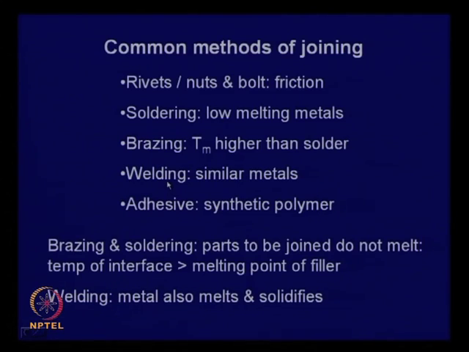In welding, the melting point of the filler metal is close to that of the part being welded, and in fact, a small portion of the parts which are joined also melts to provide better bonding. Another extreme way of bonding is adhesive. Here one uses synthetic polymer, but primarily we will look at the structural changes that take place during welding.